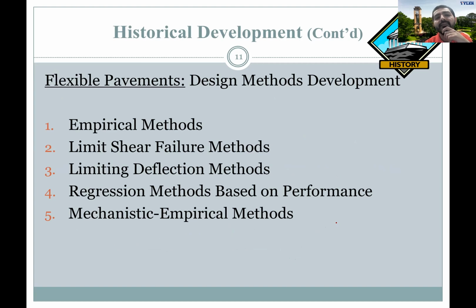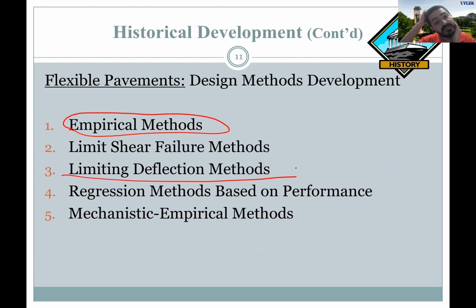The way we design flexible pavements nowadays evolved from empirical methods to limit shear failure methods, or limiting deflection methods, meaning how much the pavement will deflect or rut or deform underneath the wheel path, all the way to using a simple regression method.